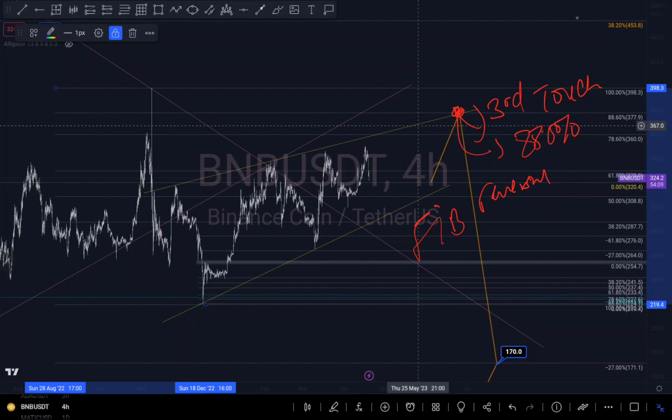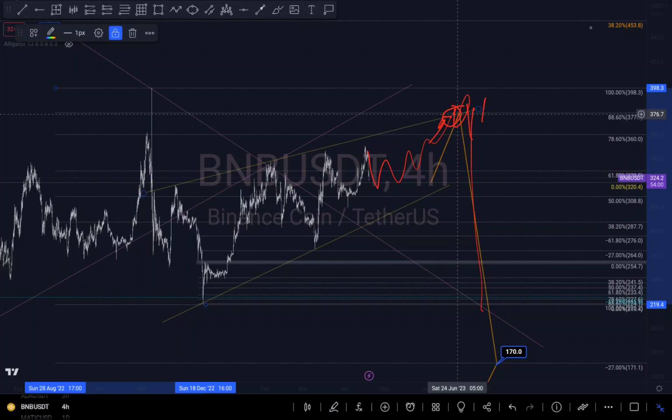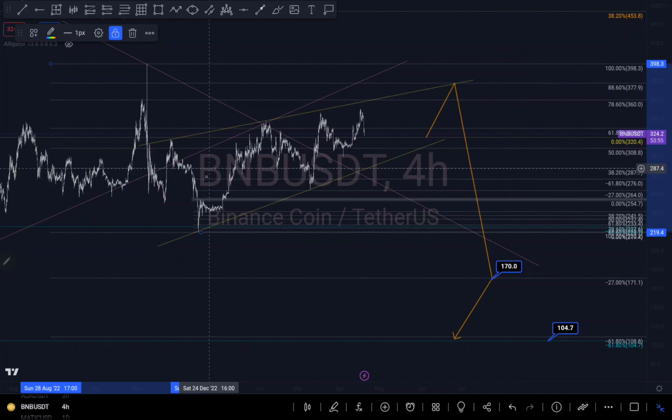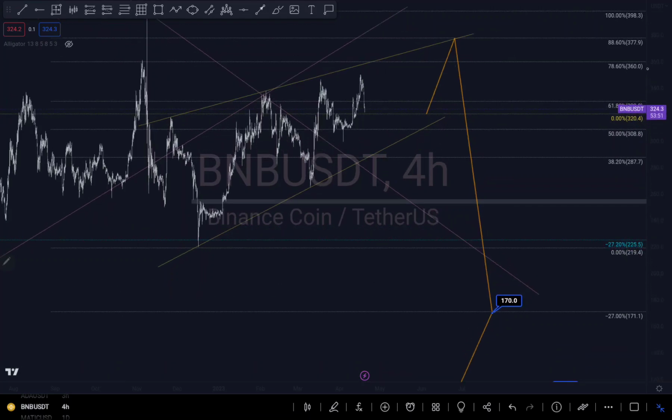So there's a possibility that we might just move up to this right here where I drew, then we might drop around this level to continue down to my overall target, which is down right here. But let's see how that goes.